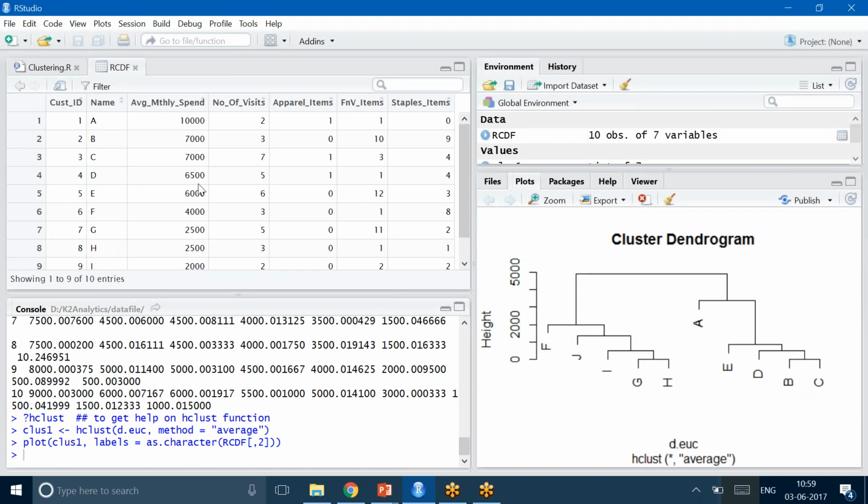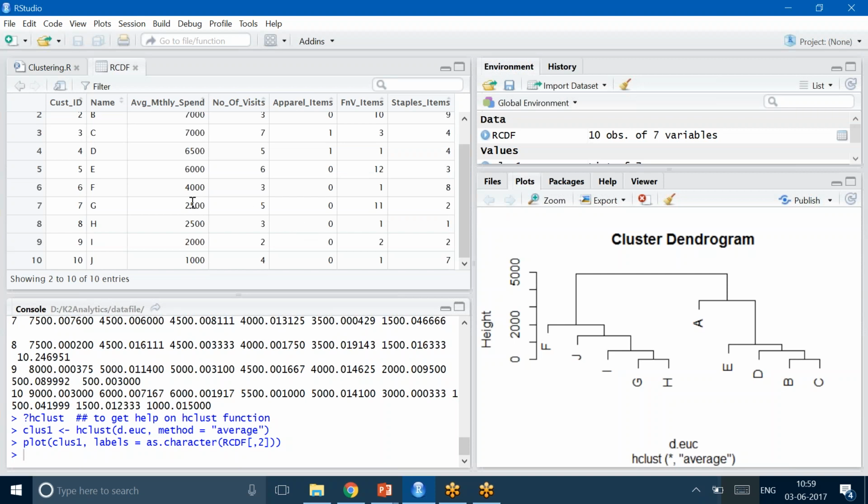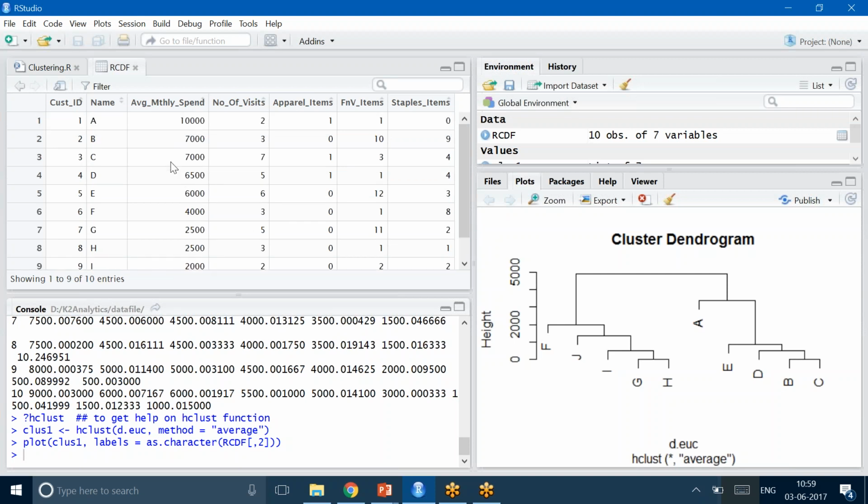You can see all of them have high spend, and the rest have low spends. But are A, B, C, D, E the same on apparel purchase behavior? No. Are they the same on FNV purchase behavior? No. This customer has come 10 times, and this one 12 times, and this customer has a good amount of staples and so forth.